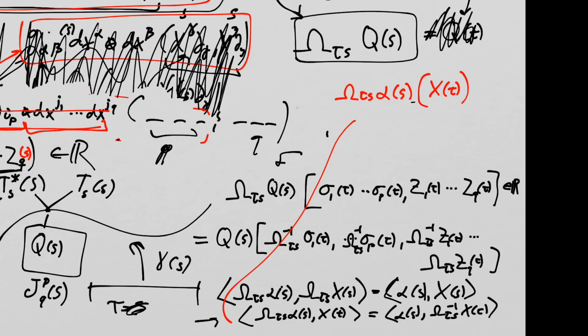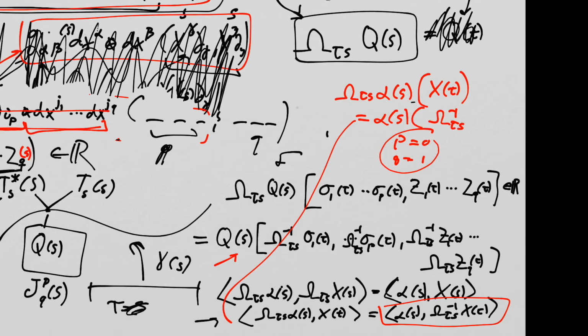Which is this expression with P equals 0 and Q equals 1. And then this side is essentially this expression, same, P equals 0, Q equals 1, right? So that has to equal alpha of S acting on Ts inverse X of T.